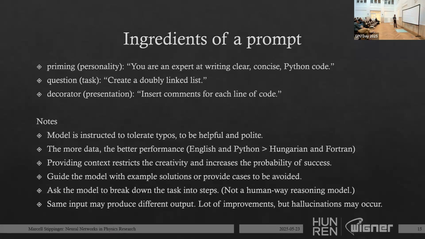You can guide the model with examples, and nowadays the models automatically evaluate whether it's a complex task, and they can break it down into subtasks and work as an agentic framework: they plan the task with subtasks, solve those subtasks, then another agent evaluates whether it's a good solution, whether it seems trustworthy, and summarizes that before providing the output to you.